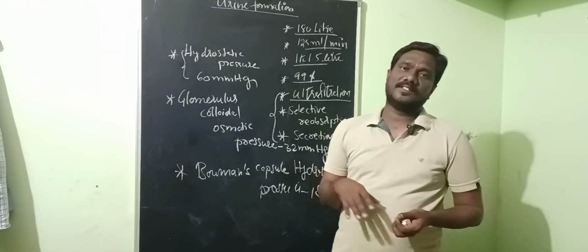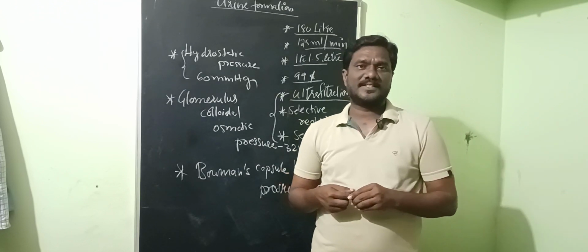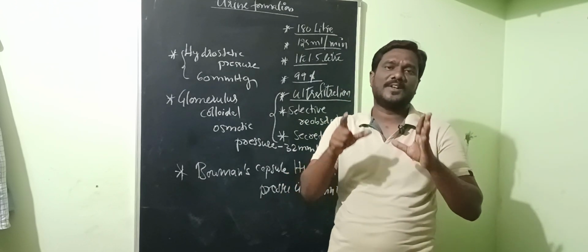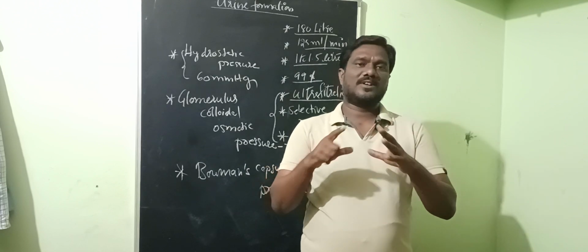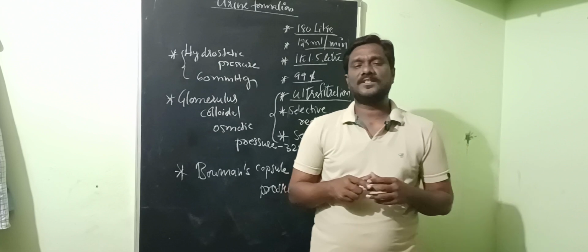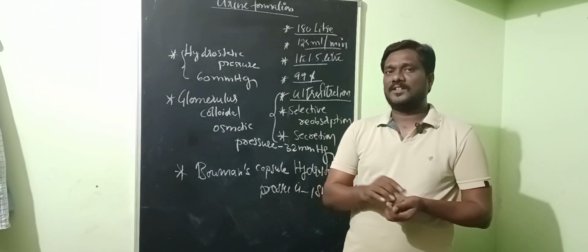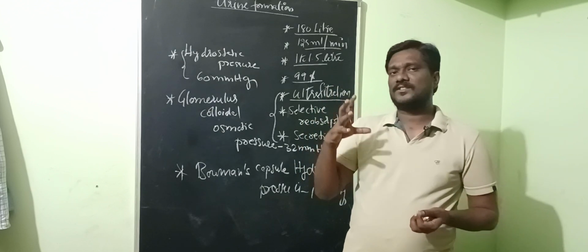Already in the structure of the filtration unit, we discussed that the Bowman's capsule accommodates a bunch of anastomosing blood capillaries, called the glomerulus. The glomerulus causes the filtration of blood.